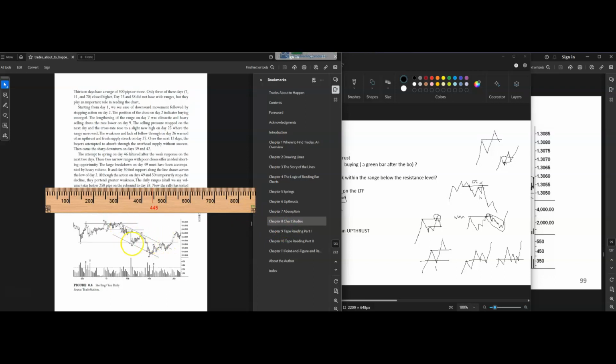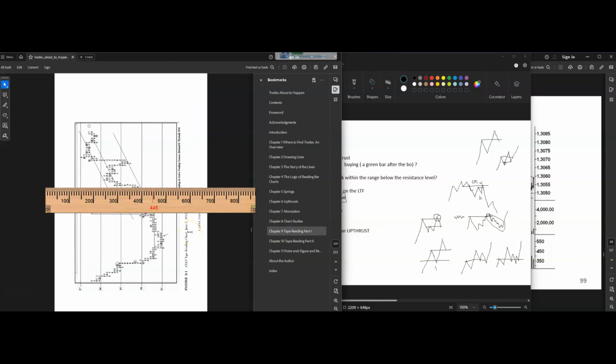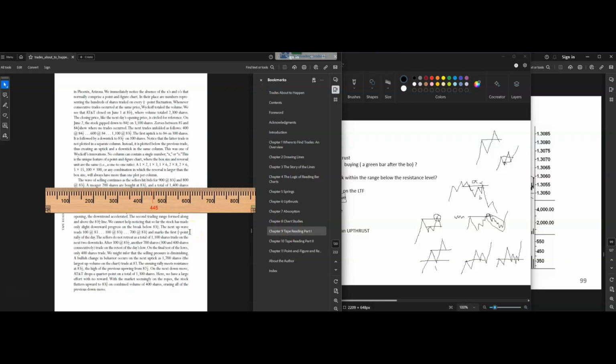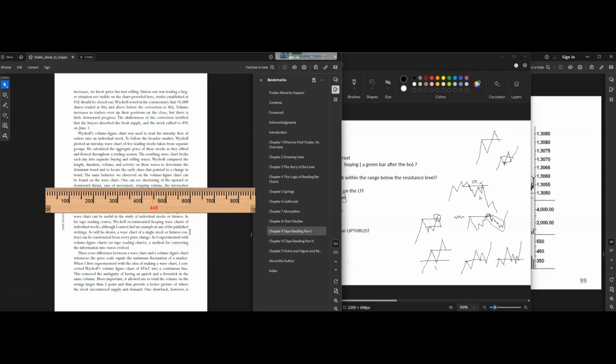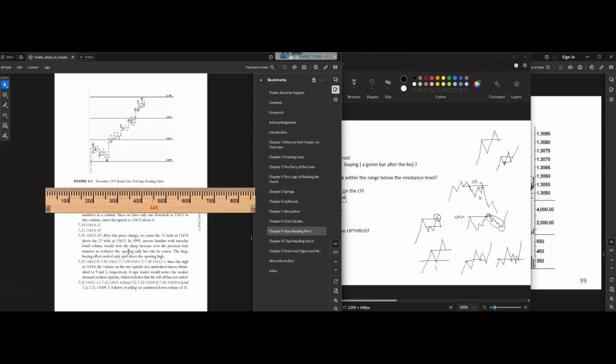So channels and support resistance lines, and then observe the behavior there, look for the setup, and execute. Point and figure, you don't need it. It's good to have. You can do point and figure calculations or just use other support and resistance levels to take trades at.